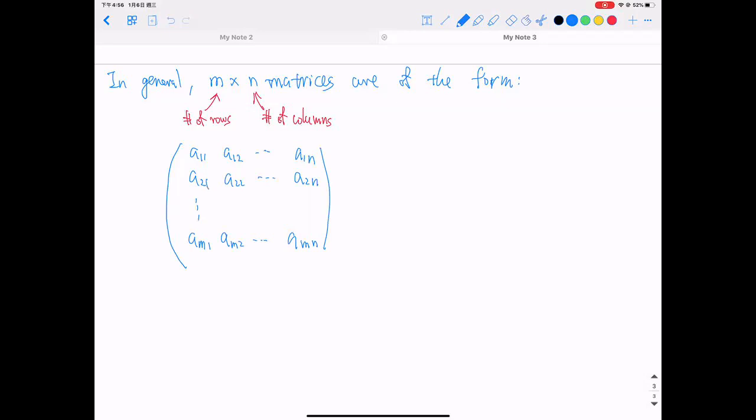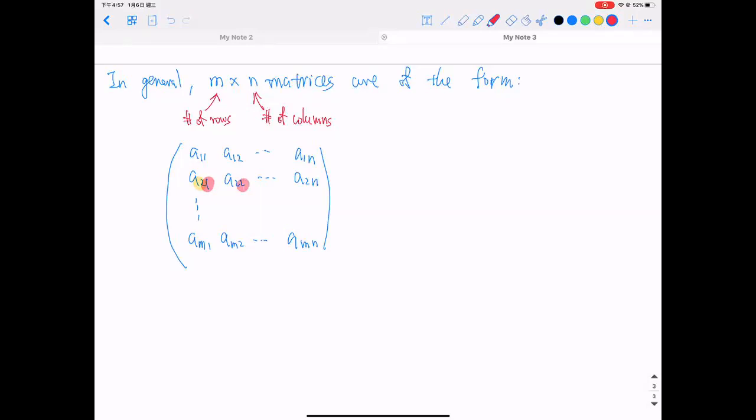Now, all right, so again, let's just keep in mind that in my notation here, each symbol has 2 indices. The first index indicates the row in which the number or the symbol is placed, and the second index indicates the column in which the symbol is placed.